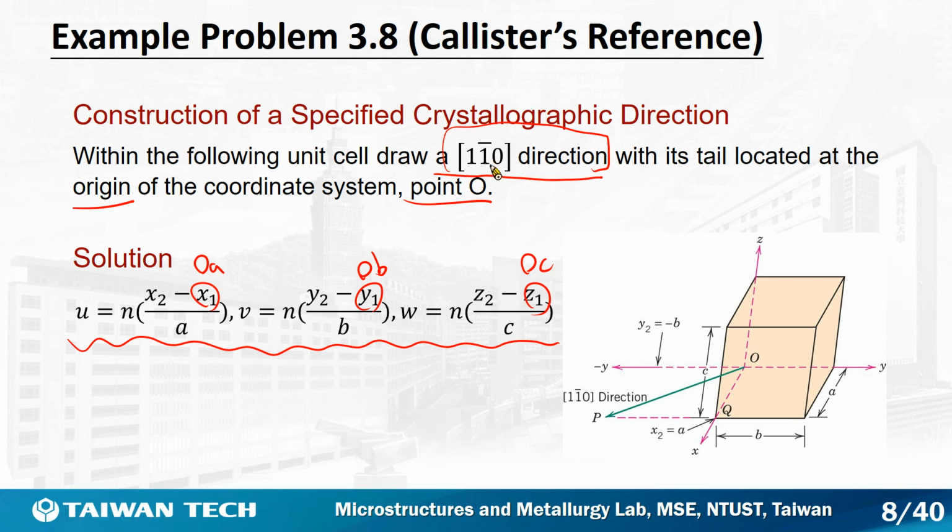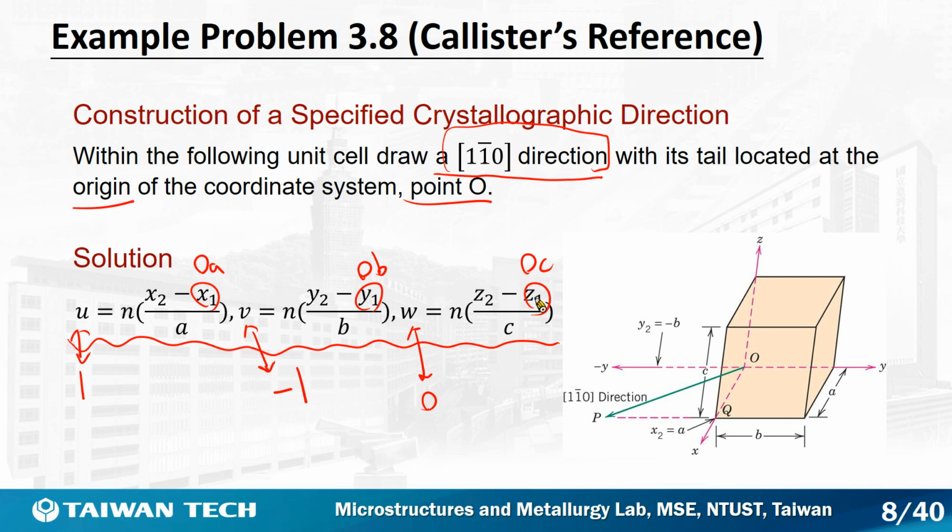So we know that for x1, y1, and z1 will be 0a, 0b, and 0c. Okay, so let's try to do the calculations. 1 minus 1 and 0. This is our result. 1 minus 1 and 0.